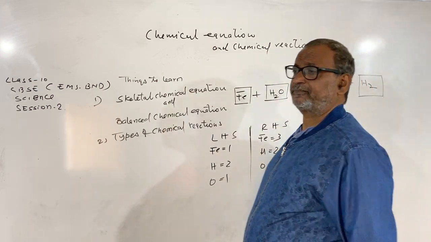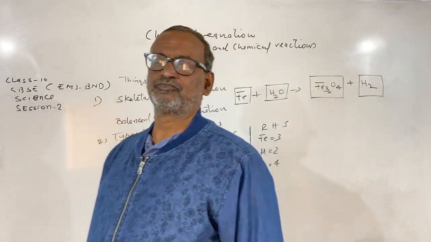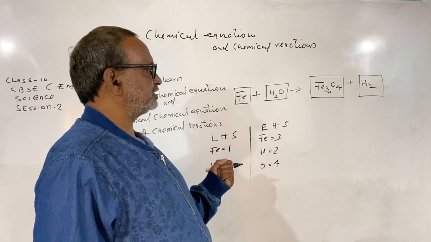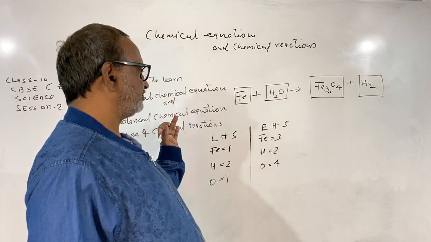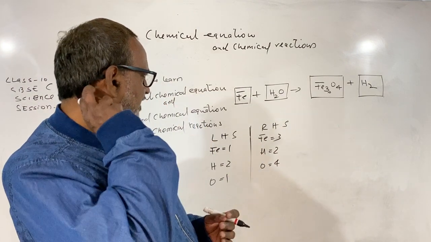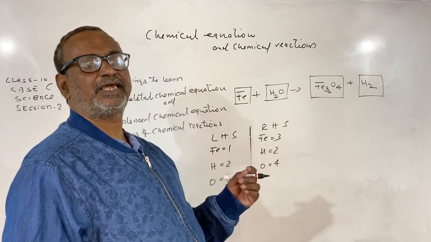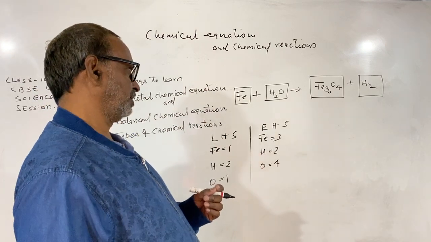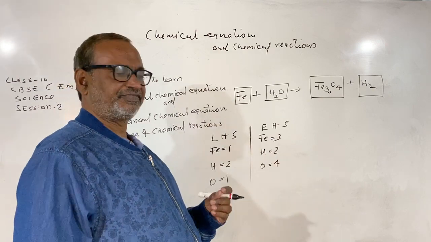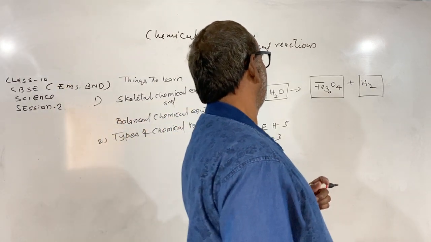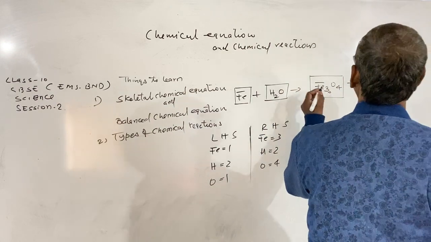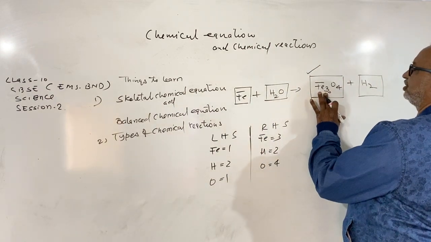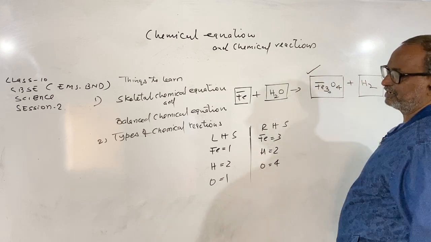In the third step, you choose the chemical species on the left hand side and on the right hand side which contain maximum number of atoms, and on the basis of this criterion we select Fe3O4 which contains 3 and 4, 7 atoms.